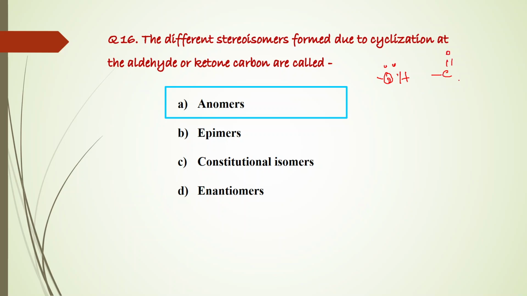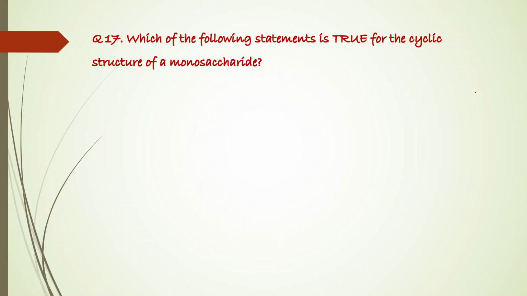Here you have the formation of an OH group. Suppose for aldehyde you have your OH group and hydrogen, and after this attack, this 1' position OH group can either stay at a cis position with CH2OH or a trans position with CH2OH, and depending on that we classify them as alpha or beta, and they are known as anomers. So the correct option for question number 16 should have been option A.